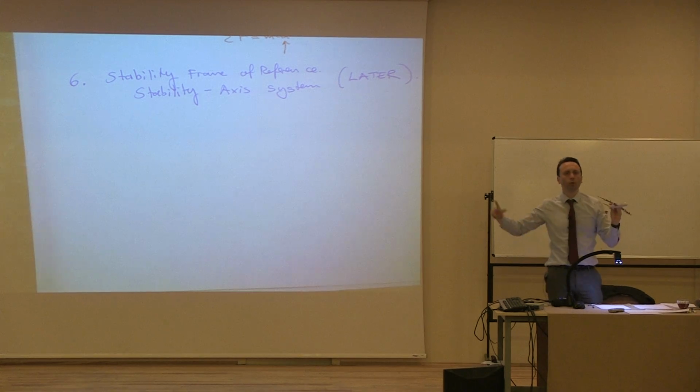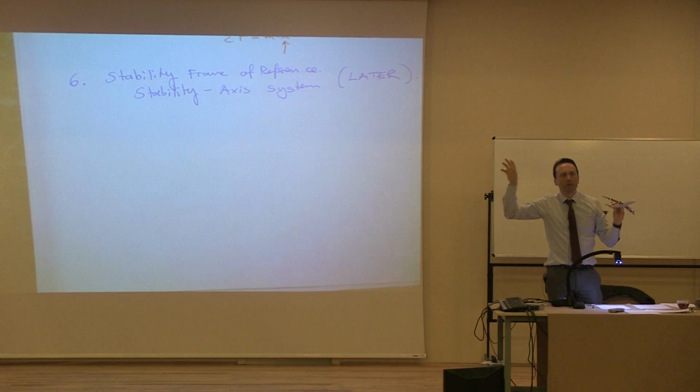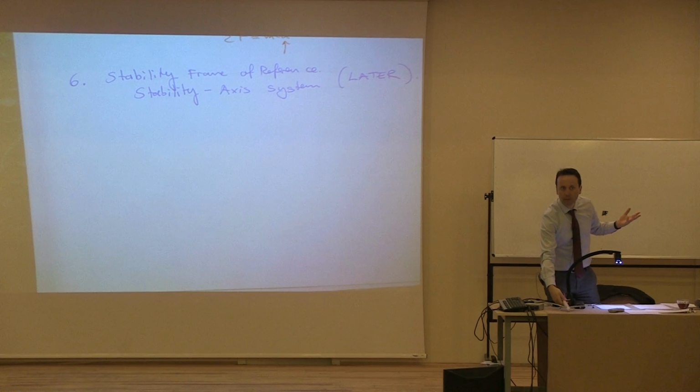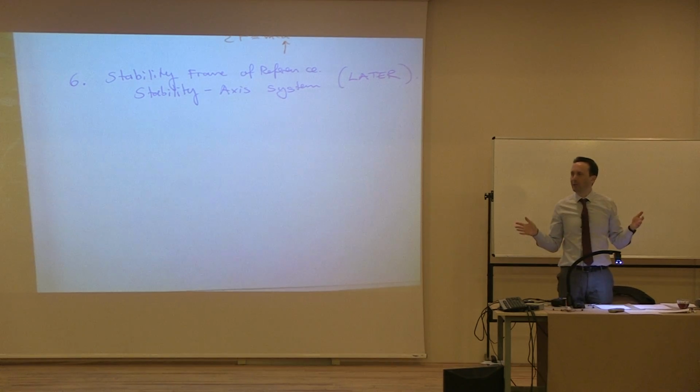And then there's the inertial coordinate system, which is fixed to space, with reference to distant stars. Each one of them is really a reference frame. However, some of them are very useful, some of them are not useful at all. But to each reference frame, we can attach a coordinate system.